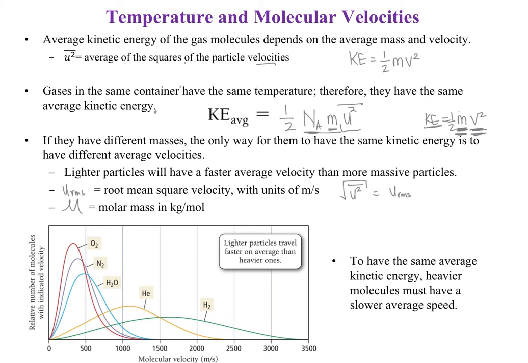The overall relationship is that the root mean squared velocity is equal to the square root of 3RT over the molar mass, where molar mass is in kilograms per mole, like we said, and R is our energy R, so that's 8.314 joules per mole Kelvin.